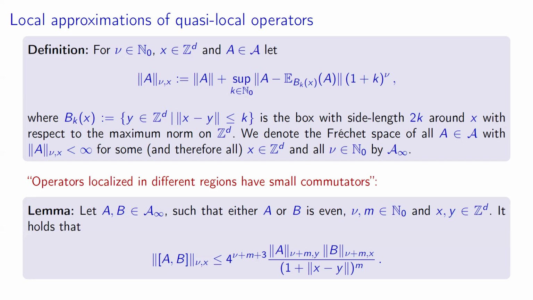So if you take two rapidly decaying operators here, and one of them is even, then you can estimate the norm of the commutator by taking the nu norm of A at Y and the nu norm of B at X. You lose a bit of decay, this number m, but then you gain an inverse power of the distance between the two points.